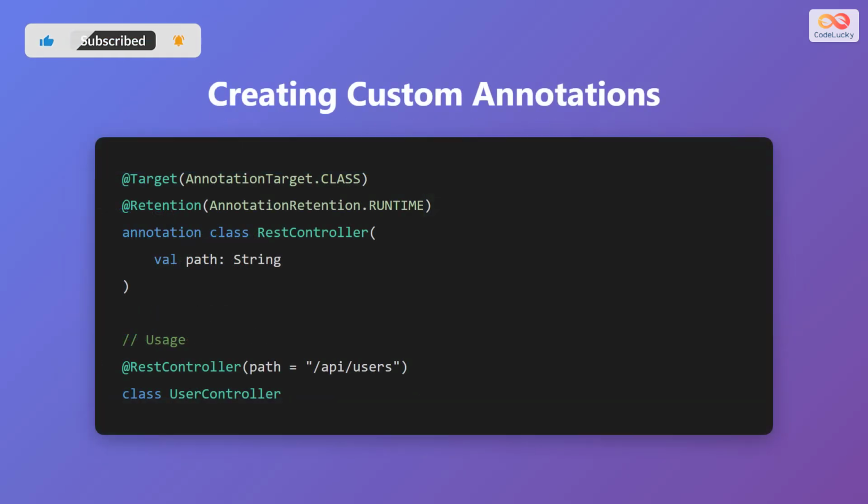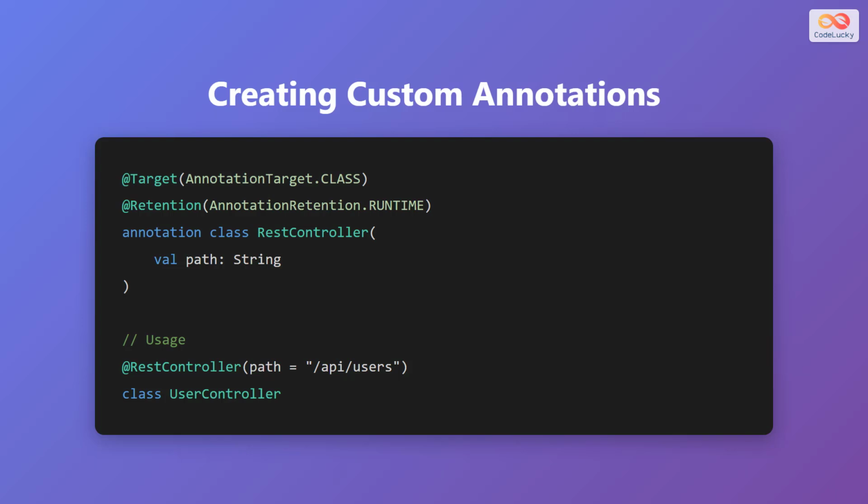Now let's see how to create your own custom annotations. To declare a custom annotation, you use the annotation class keywords followed by the annotation name. You'll typically annotate your annotation with meta-annotations to define its behavior. The @Target annotation specifies where your annotation can be used, such as on classes, functions, or properties.